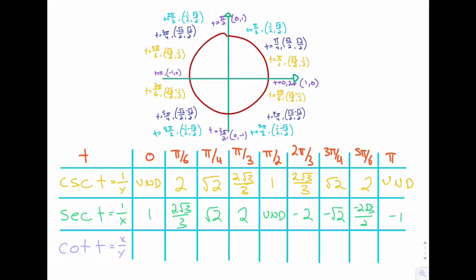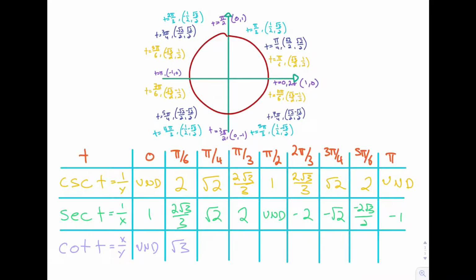So moving on to cotangent. Cotangent of 0 gives us x over y. So we've got 1 over 0, which is going to be undefined. Moving on to cotangent of pi over 6, that's root 3 over 2 over 1 over 2, which should just be root 3. The numerator and the denominator are both 2, so those will cancel.